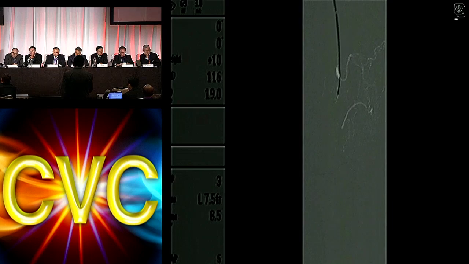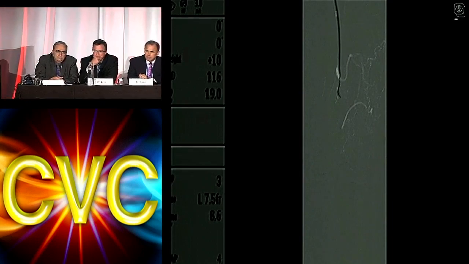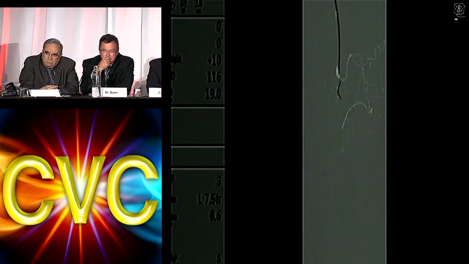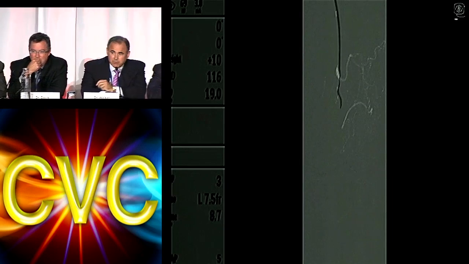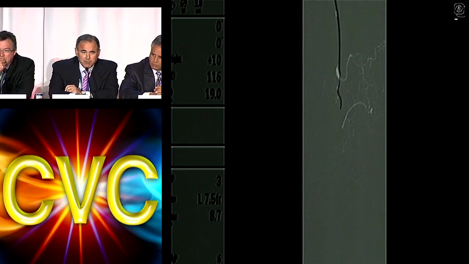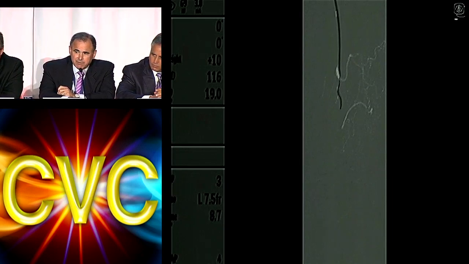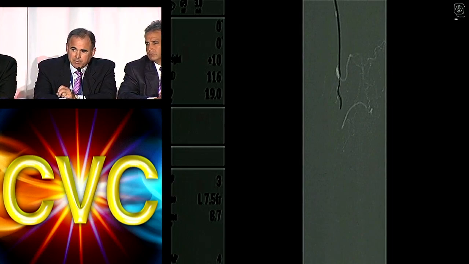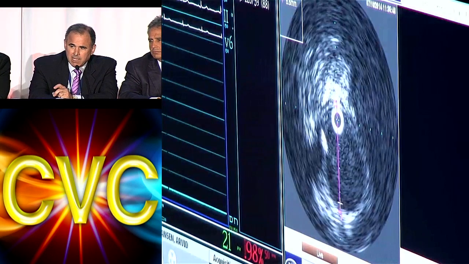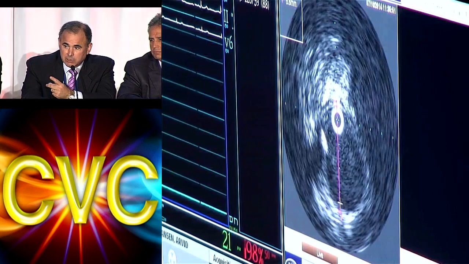Craig, you do a lot of pedal work. Do you think access to this lesion is easier from a pedal approach rather than an antegrade approach? Yeah, I do think it would be easier. I still would always try from above, as Jack is doing. But if you can't cross this from above, pedal will do it. I would certainly like a roadmap here.